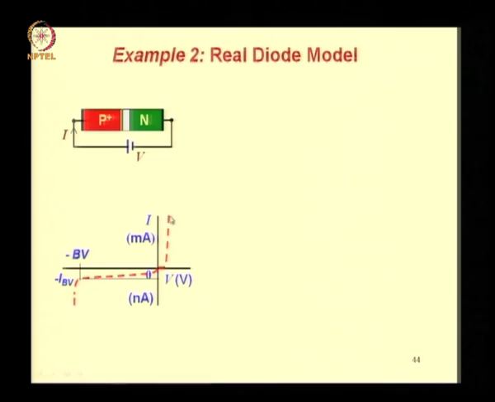So a real diode model tries to capture this particular current voltage relation. Let us identify some differences from the ideal current voltage characteristics. Firstly, there is a breakdown voltage, right? So the breakdown is not included in ideal diode model. Secondly, and very important, the reverse current scale, which was picoamperes in ideal diode model, is nanoamperes here.